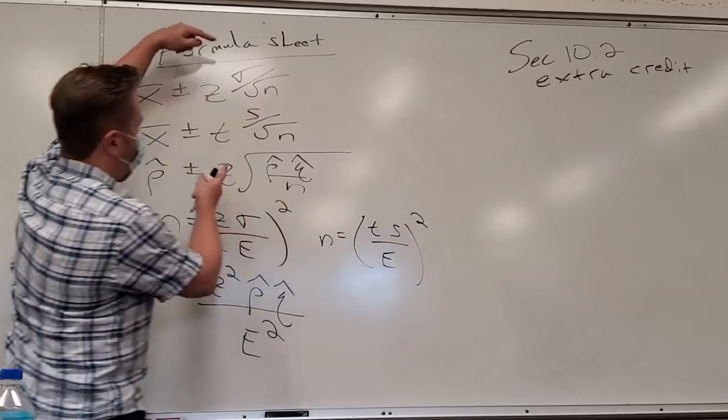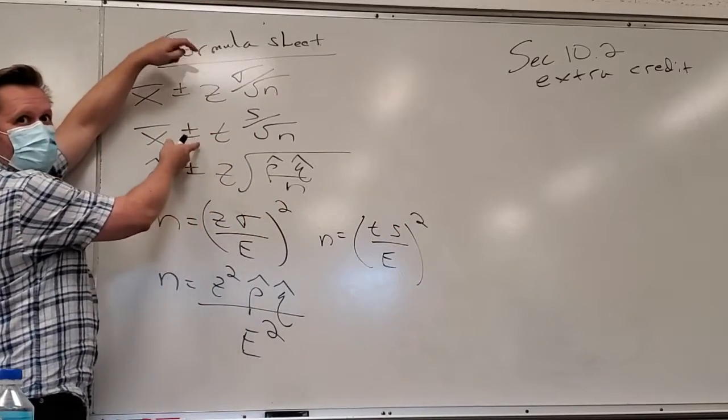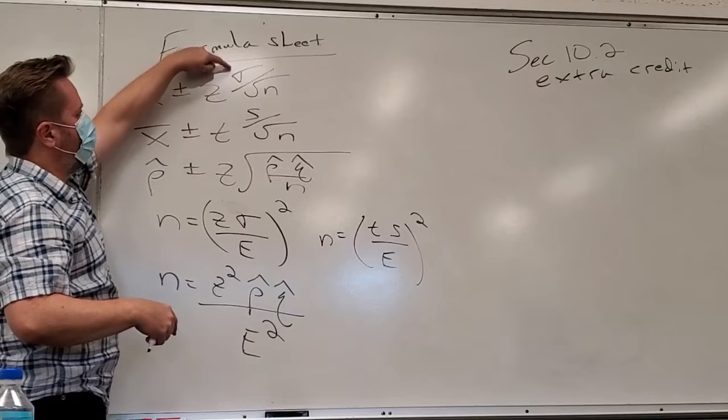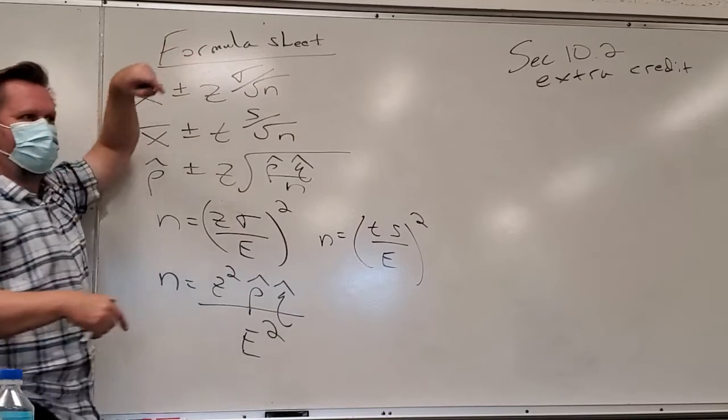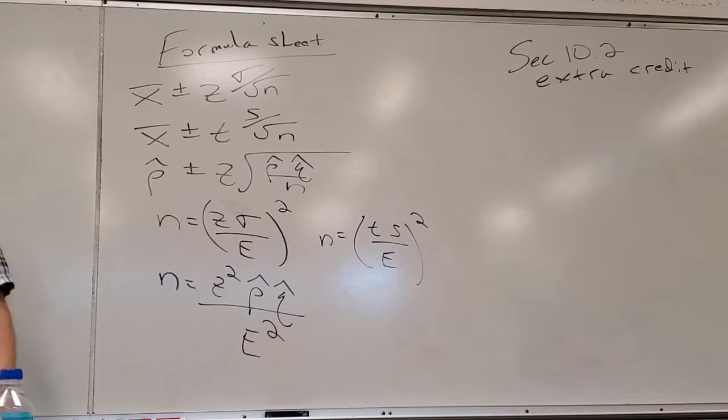It's the same idea as here, right? If you have to use s instead of sigma, you have to use t instead of z. That's t's job, right? Is to cover things when I don't know the real sigma. All right. So that's chapter 8.